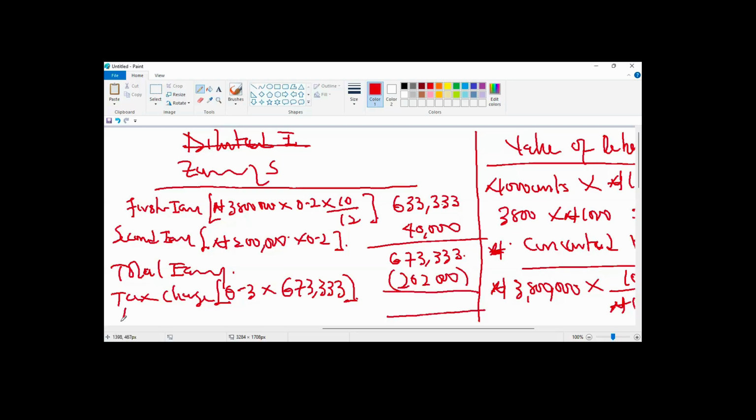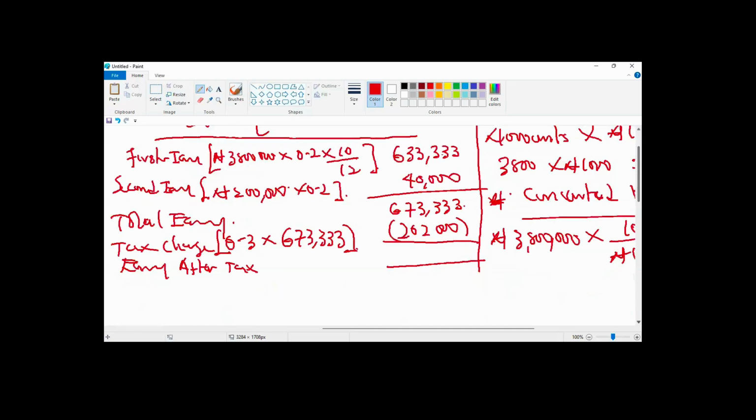This will now give me earnings after tax. What does it give us? This will give me 471,333.